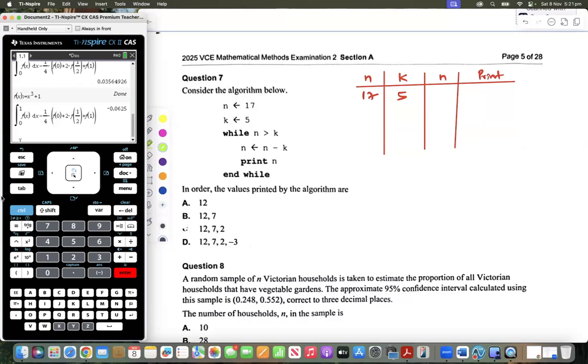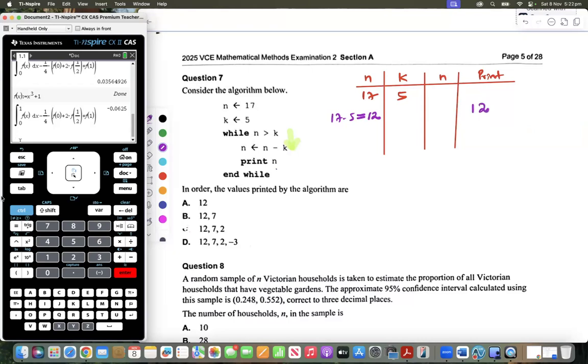While n is greater than k, just check whether n is greater than k in the first iteration. Yes, it is greater. Then it will enter into the loop. Good. So then your new assignment, n will be n minus k, so 17 minus 5, which is 12. And print n, 12 will be printed.